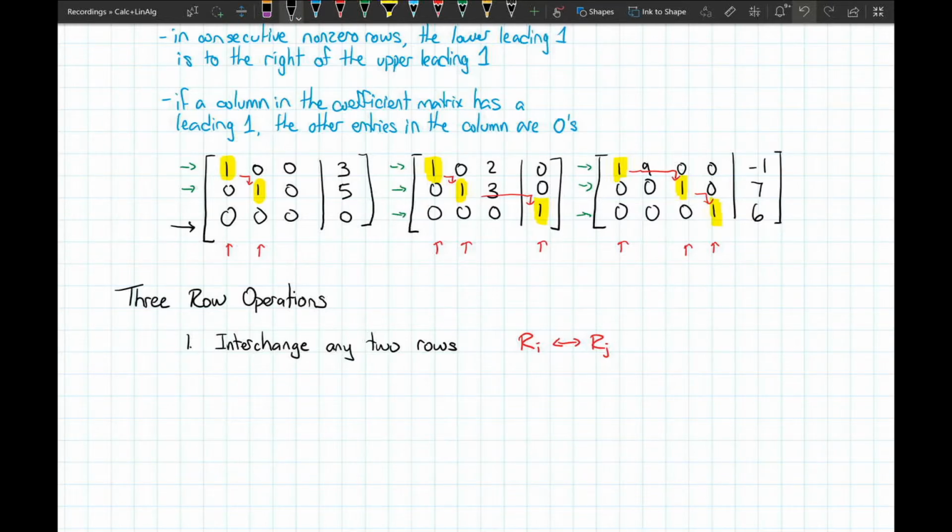Now, the next one is also basic as far as common operations go with algebra. You can multiply both sides of a linear equation, or any equation for that matter, by some non-zero value. When we take an equation and multiply it by some non-zero value, we are going to replace that equation with a new one. So in this case, we are replacing a row with a non-zero multiple of itself.